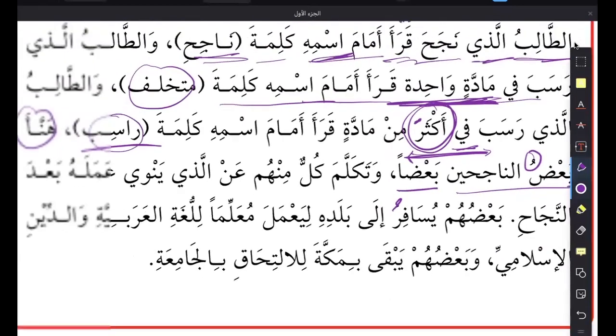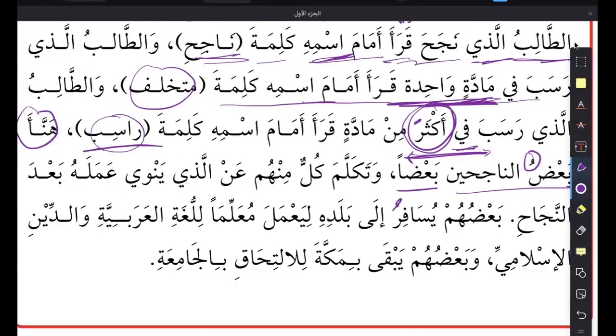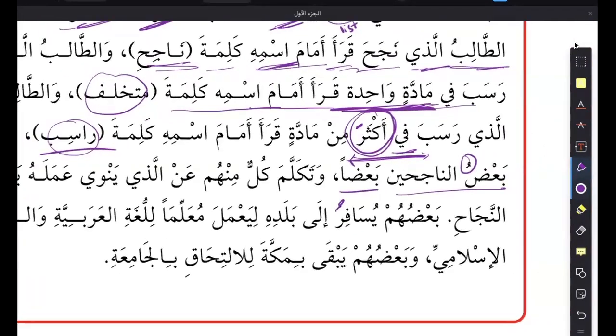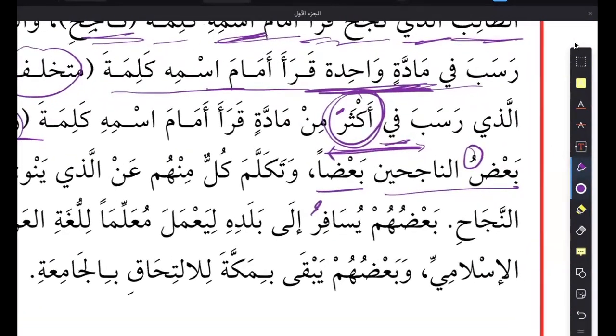So in Arabic, when you have these two words coming side by side, ba'duhum ... ba'd, in the Quran it comes a lot of times. Sometimes ba'duhum ala ba'd, ba'duhum min ba'd, ba'duhum li ba'd. Whenever these two ba'd come side by side, it means each other. So some of the ones who passed are congratulating each other.